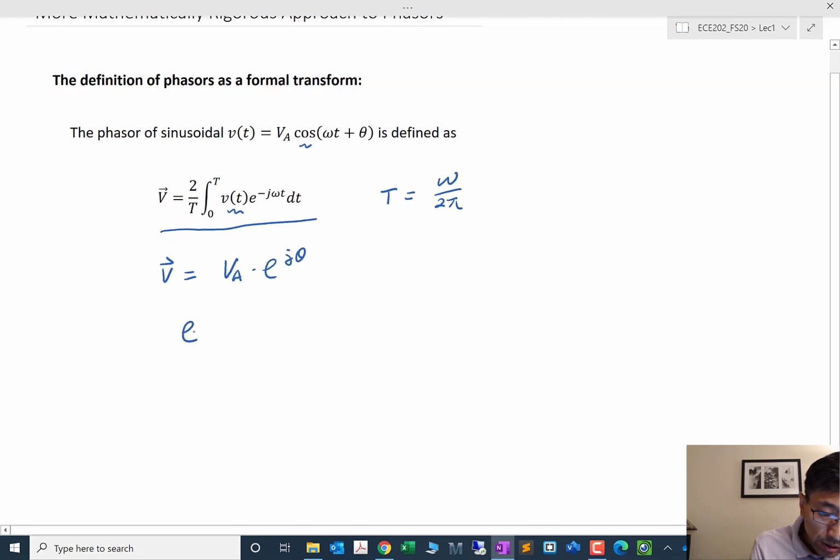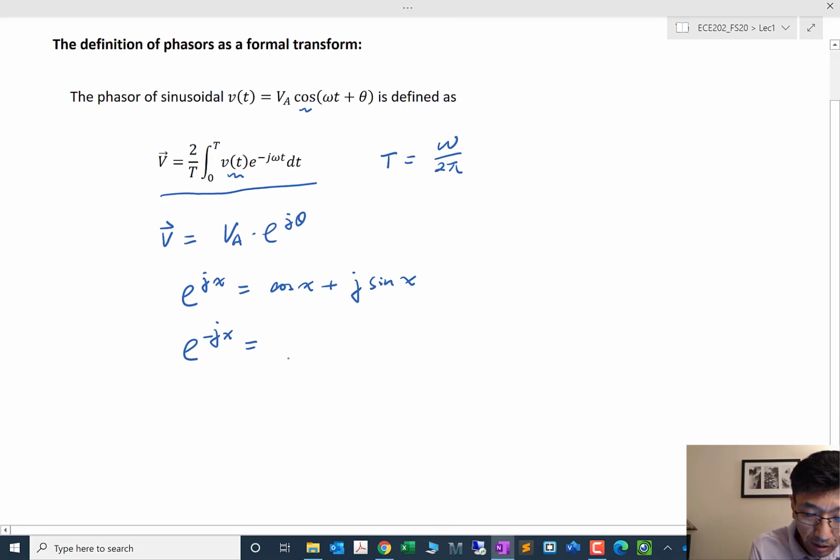First, let's recall the Euler identity. That's e to the jx equals cosine x plus j sine x. And also, if you have e to the minus jx, so you replace that x by minus x, you get a cosine x as well, because cosine is an even function. And for the sine, you get negative sine x, because sine x is an odd function.